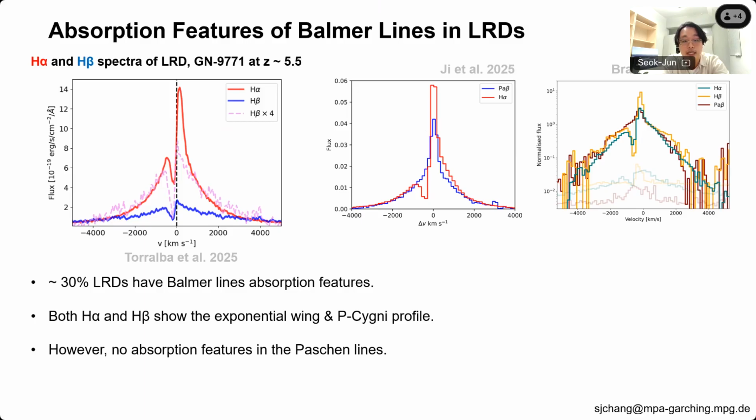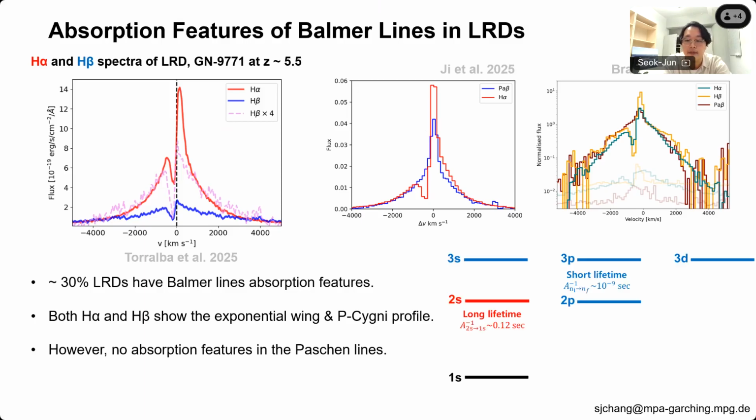However, in the center right panel, the Balmer lines still have an absorption feature, while the Paschen lines do not. This difference can be understood from atomic physics, because Balmer lines mainly involve the 2s and 2p states in atomic hydrogen.